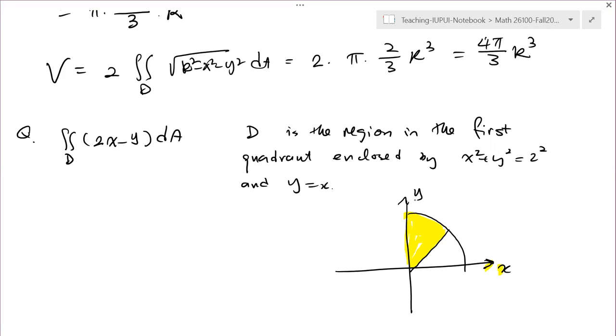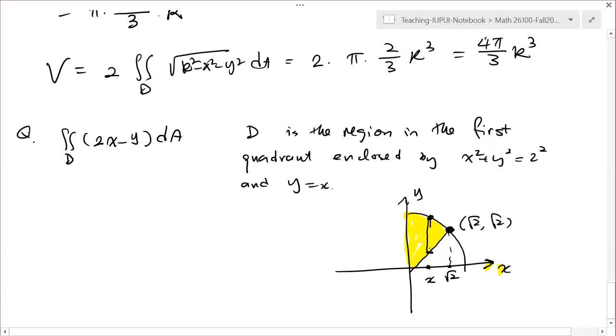The intersection point will be square root 2 and square root 2, when x equals y. So I take an arbitrary point x and look at the y value. I'm not going to use polar coordinates right now. Set up an iterative integral for this.